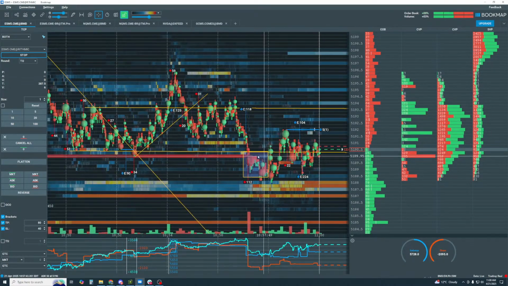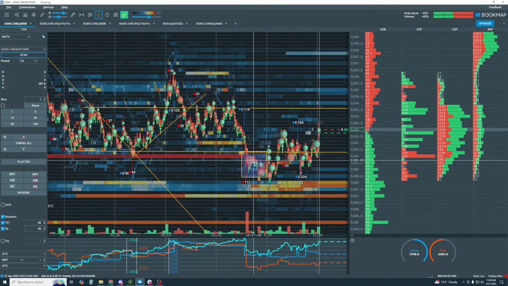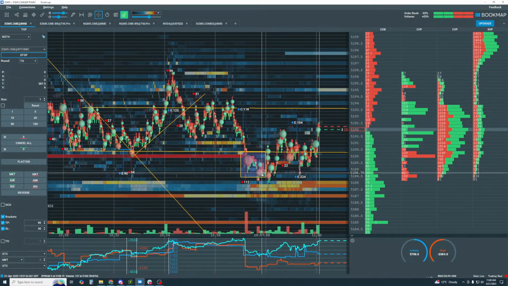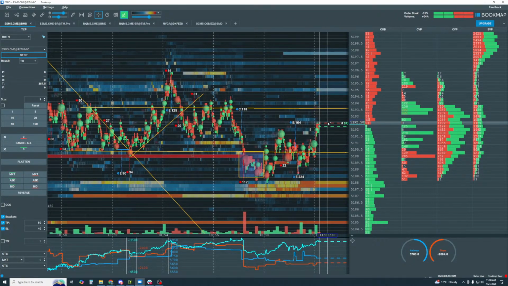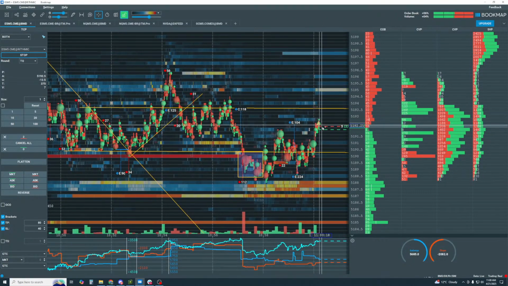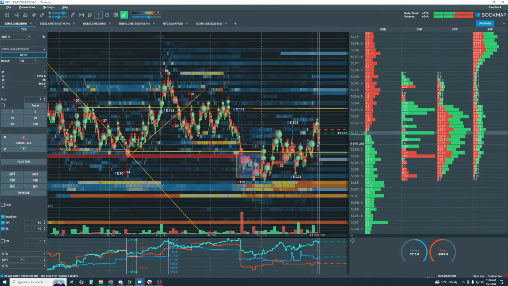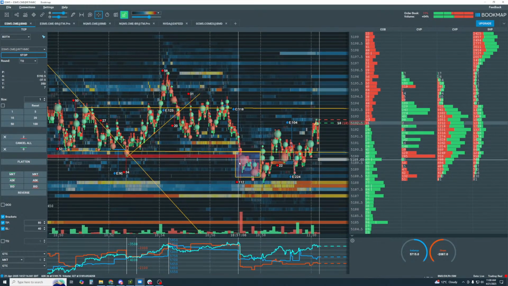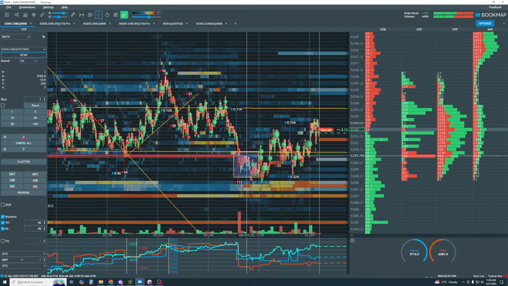Here we could consider this would be a technical area right in here that we would consider for a potential setup. It's actually unfolding right now, right? In fact, here I'll buy the high here, and let's see if we can get the squeeze here, because this is the technical area that I'm looking at.